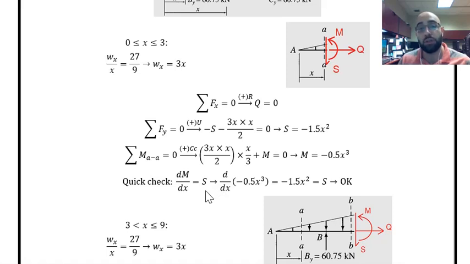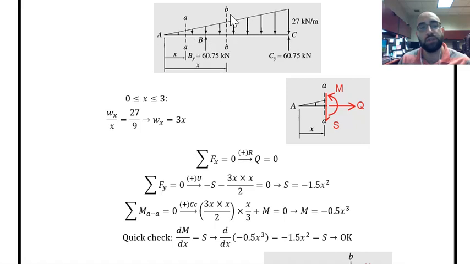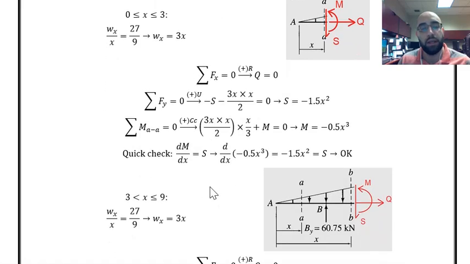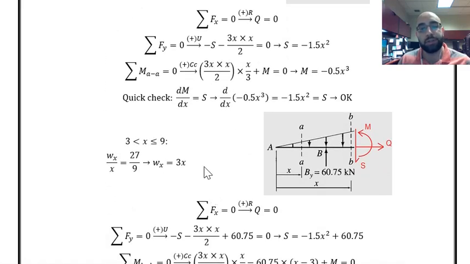If it is not equal to the shear, then there is something wrong in our calculations and equations. So derivative of bending moment will be minus 1.5x squared, and as you can see, that is equal to the shear force equation that we found earlier, and that means that our equations are correct. So that was for the first section, and now let's move to the second section, BB, and see what is the situation over there.